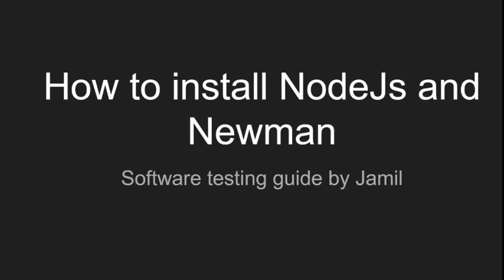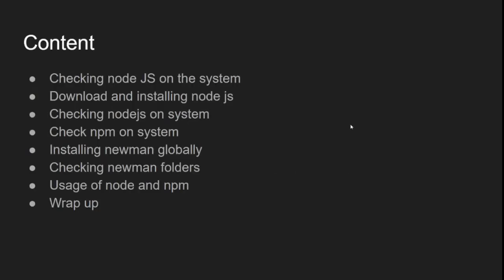Today's topic is how to install Node JS and Newman. The content of this tutorial is: check if Node JS is installed on the system, which we don't have at the moment, so check the version and it wouldn't show anything. Then download and install Node JS.